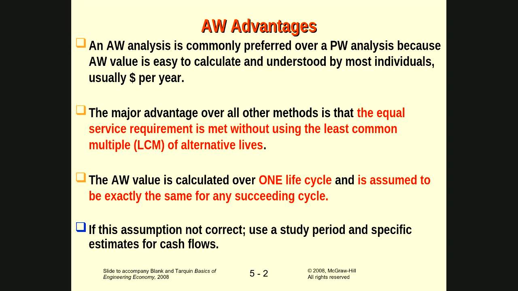You can still use the study period in the annual worth, and the good thing about it is it gives you the sense of how is my commitment every year to the project or to the investment or to the loan that I have taken from the bank, instead of just comparing all the values to the liquidity at time zero.